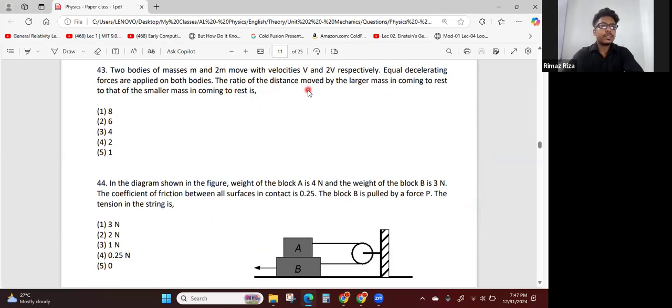The ratio of the distance moved by the larger mass in coming to rest to that of the smaller mass in coming to rest is... Okay, hold on. That means the distance moved before it comes to rest, of both the larger mass and the smaller mass, you have to take the ratio. So that ratio they are asking.